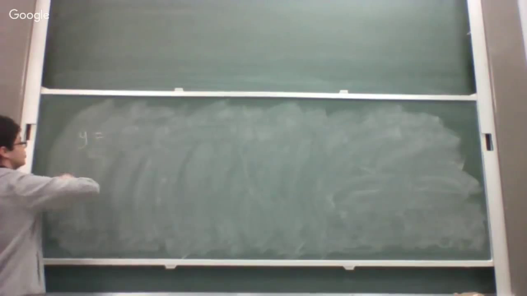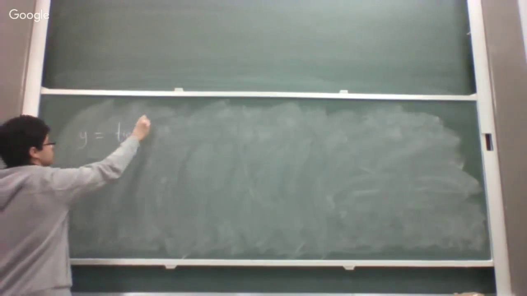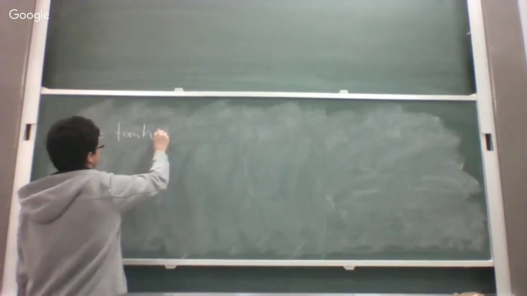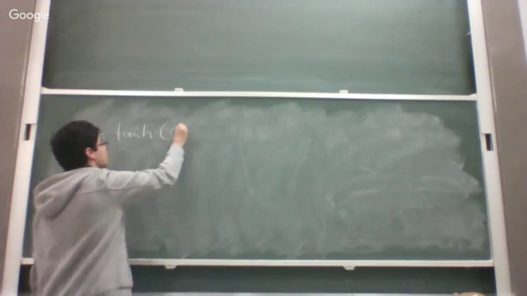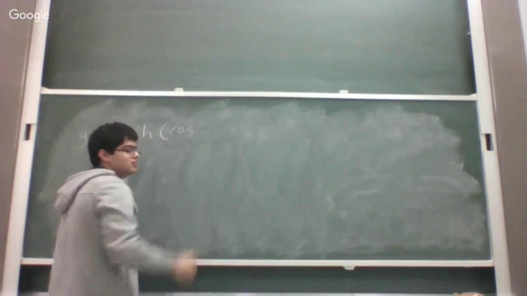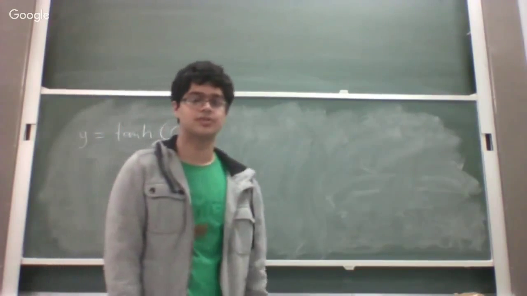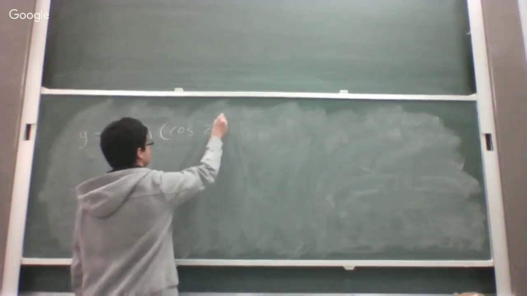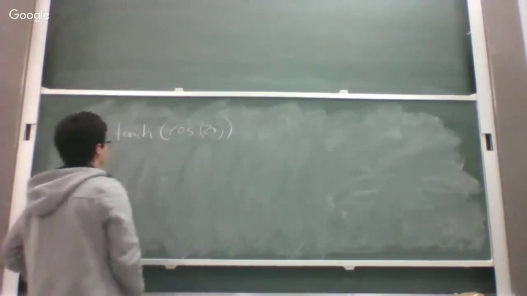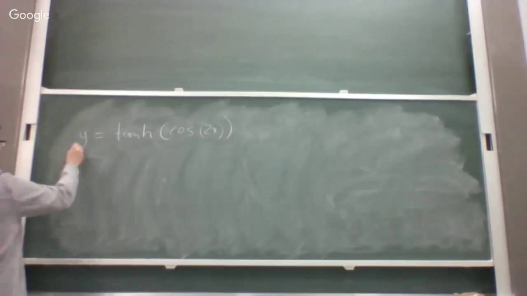Say y is equal to tangent of hyperbola, and we'll make this cosine. Okay, so we have to find y prime.